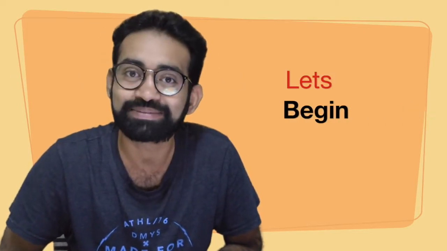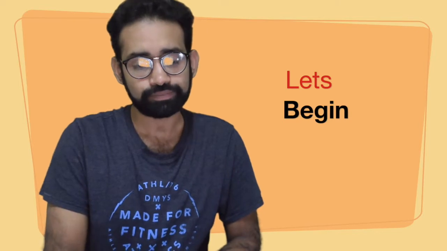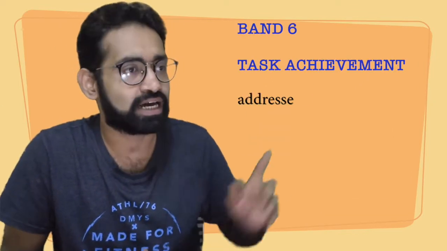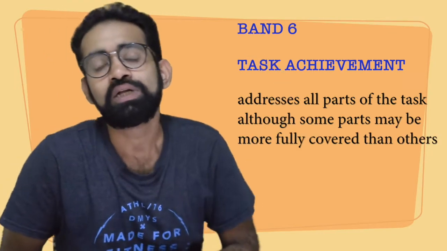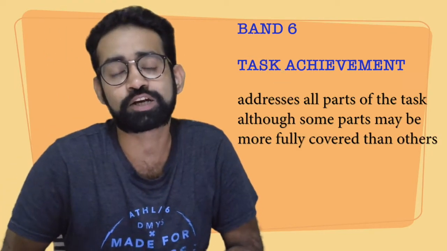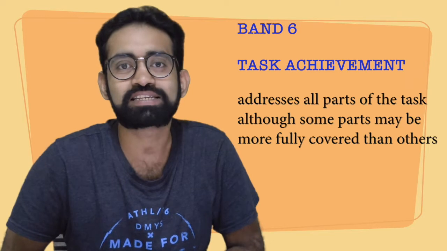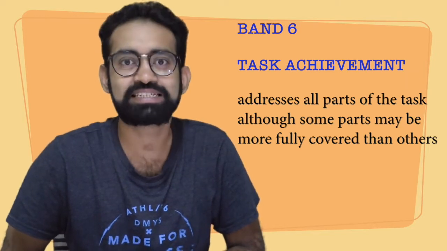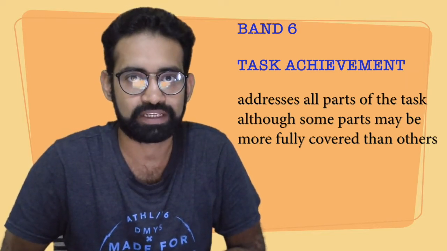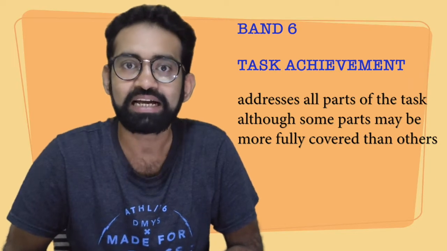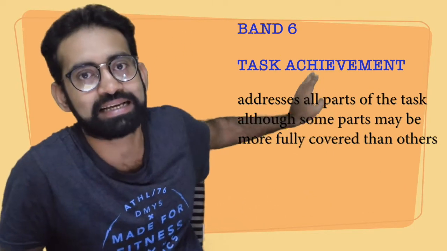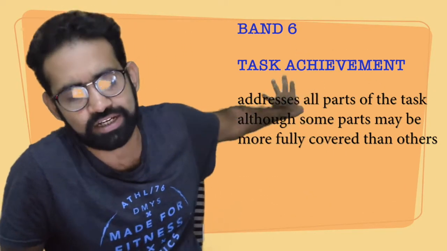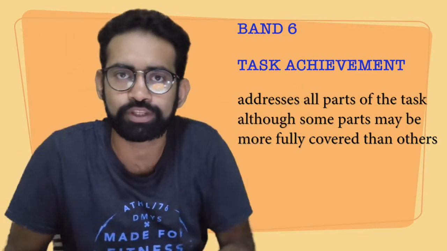So let's begin. Alright, so if you see here, for band 6, I have shown you the band 6 descriptors for task achievement, that is TA. Go through it, take your time. I'll also go through it along with you.